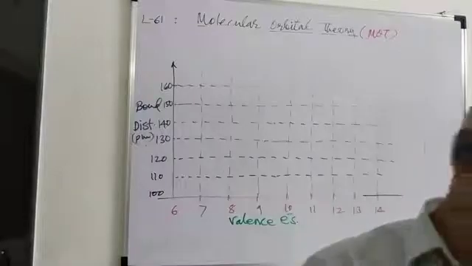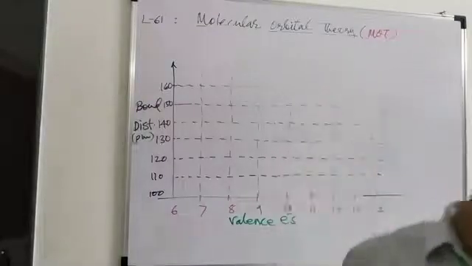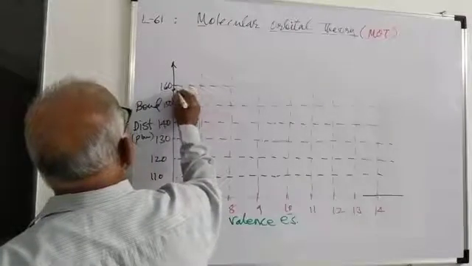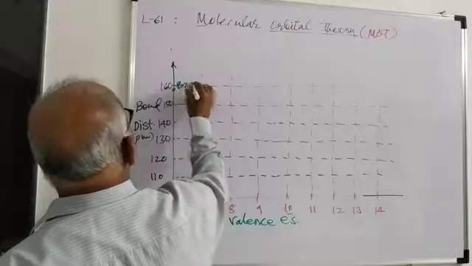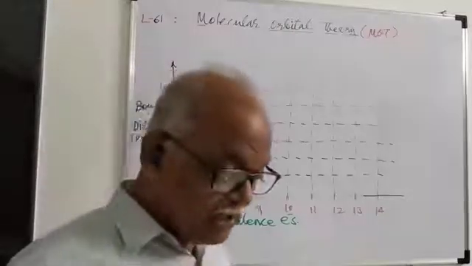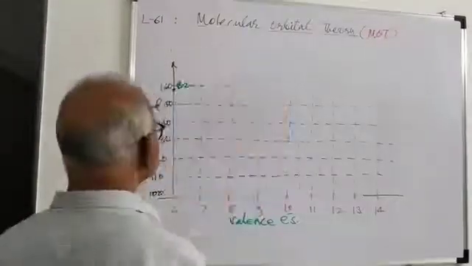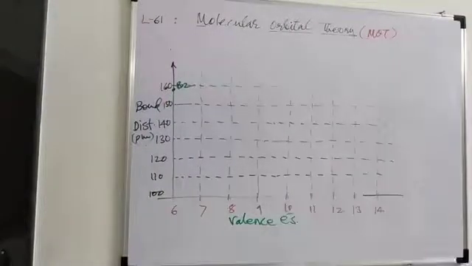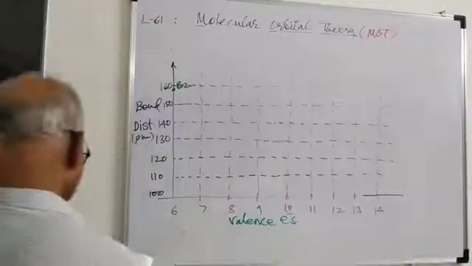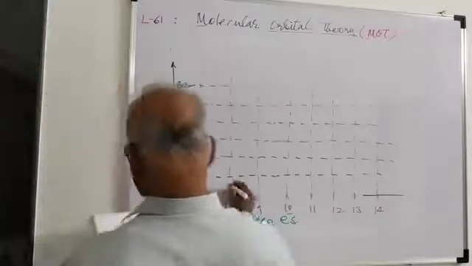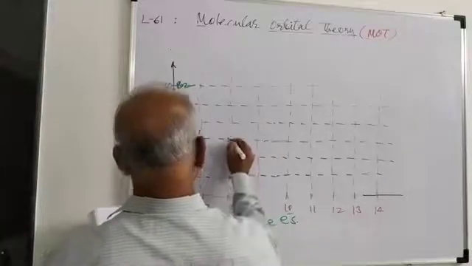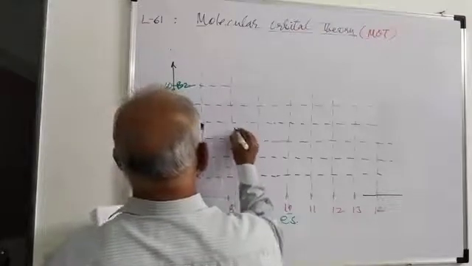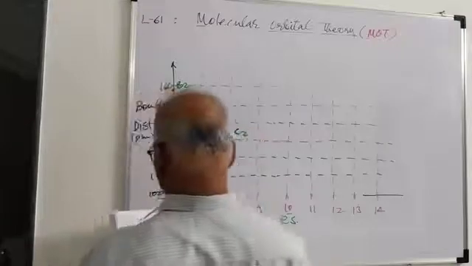In case of boron, we will have this distance here. So this is the B2 molecule. Then we will have C2 here, with 8 electrons at 113. This is the C2 molecule.